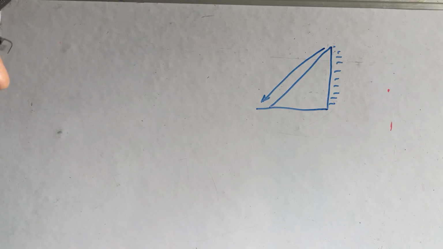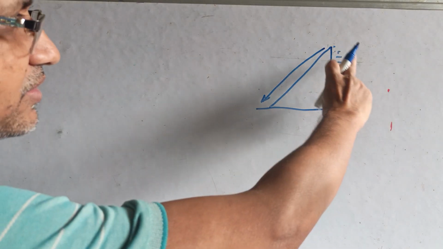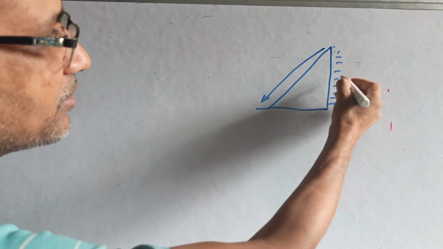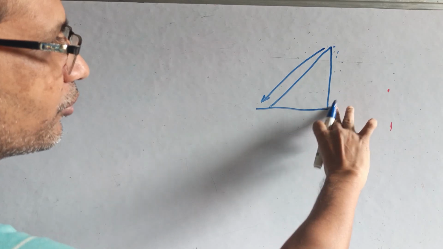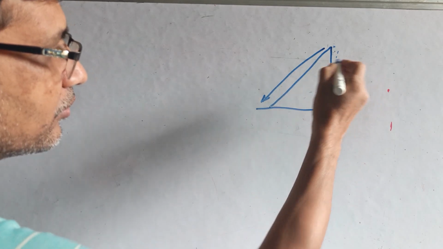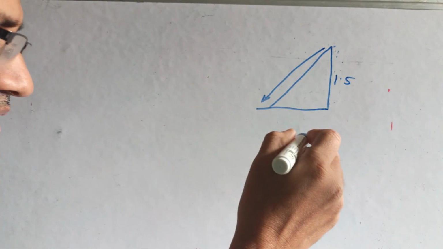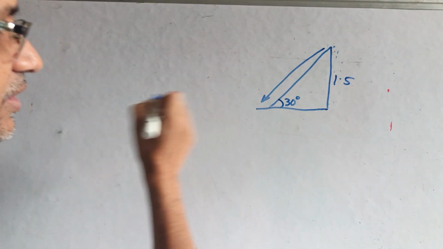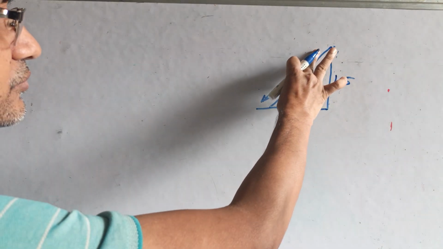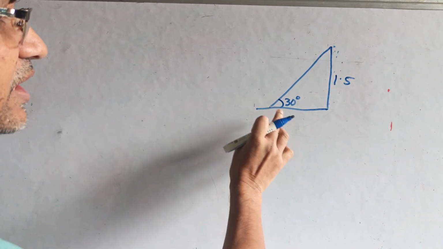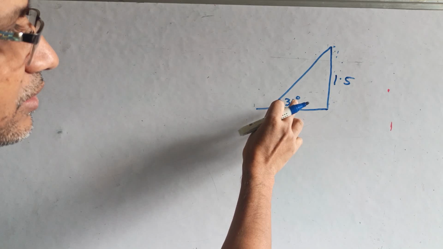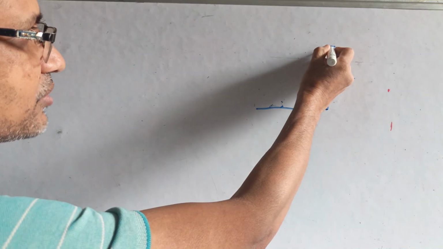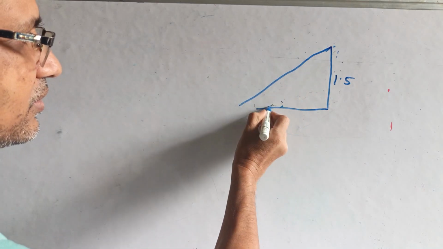For below 5 years, we cannot give a very high height. So this one is kept as 1.5 meter. For the first one, 1.5 meter, and the angle is 30 degree here. So this is the slider. Maybe 30 degree will be somewhat like this.